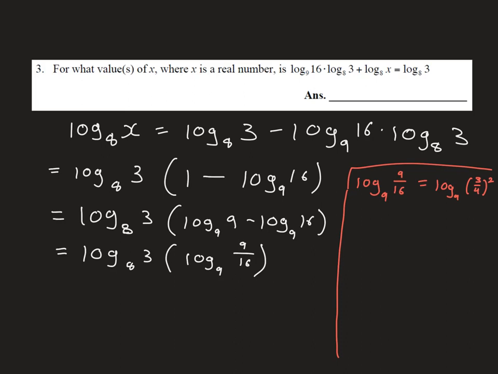So it's 9 over 16 is 3/4 squared, and with logarithms you can pull the exponent out to the front. And also 9 is 3 squared, so let's just write that.